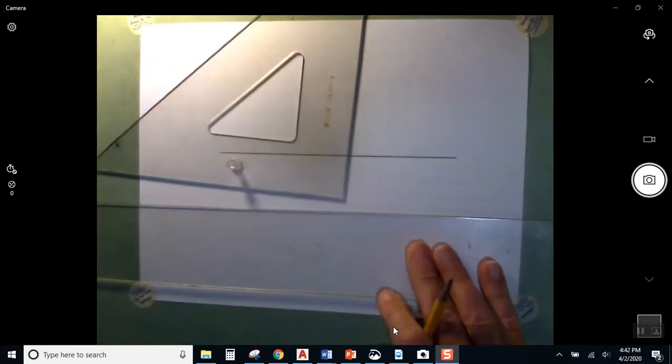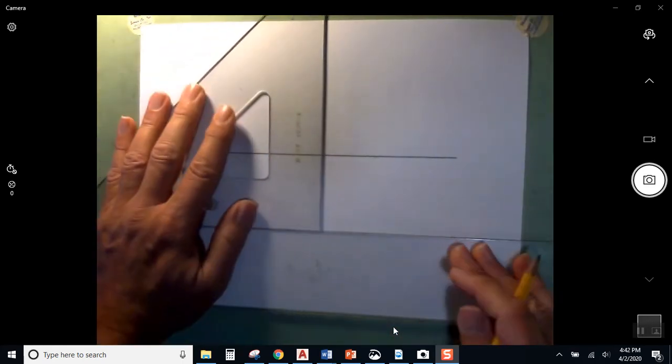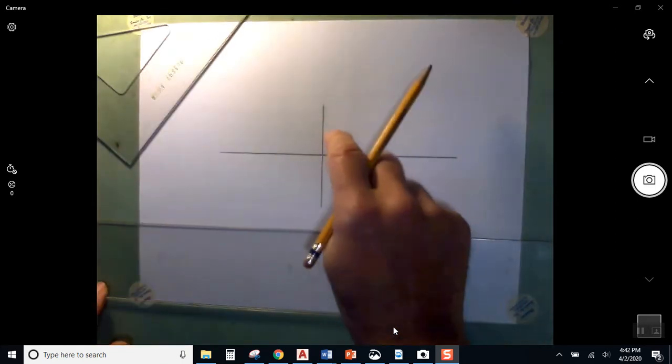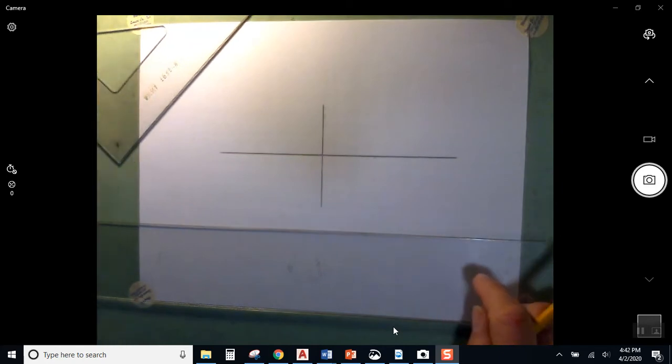And believe it or not, with these two triangles, we can make 24 different angles. Okay, so we start with a horizontal line, and then we bust out our triangle, either one, and then we've got a 90-degree quarter. Right, so that's going to give us four 90-degree angles there.